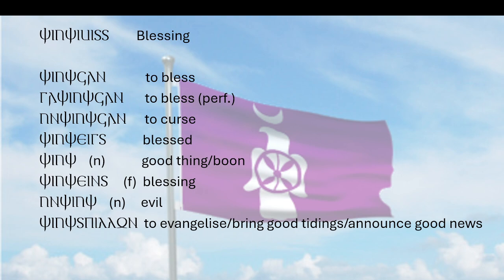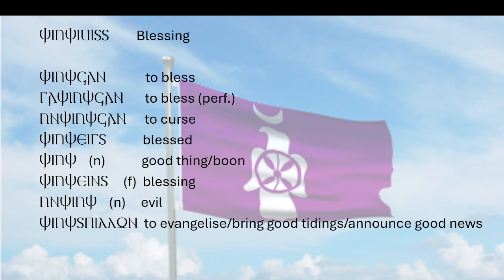Now we have just learned from looking at the words derived from the word quiz, the word theosikris, meaning blessing. So since we've looked at this word, let's look at more words which are etymologically related to theosikris. First we have theosian, meaning to bless, gatheosian, also meaning to bless.